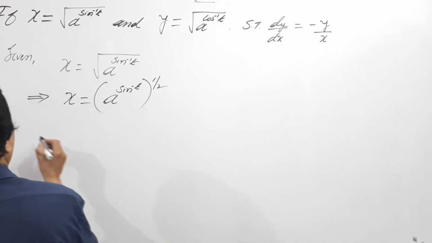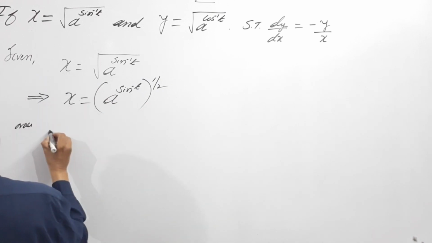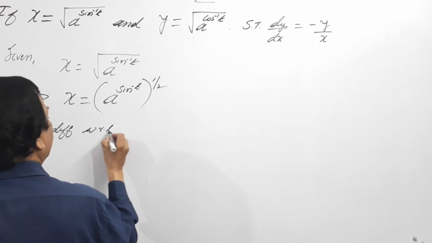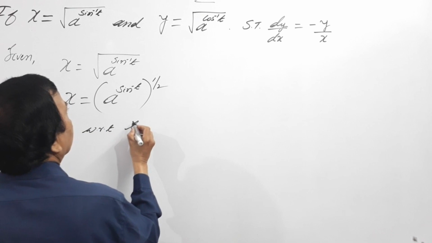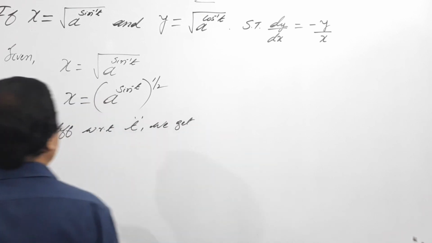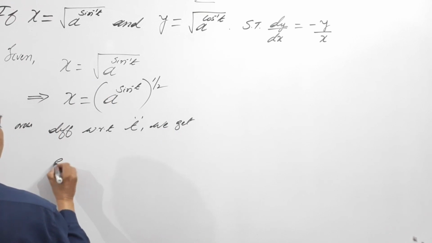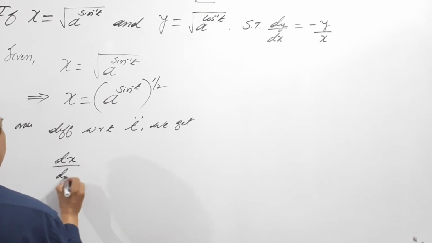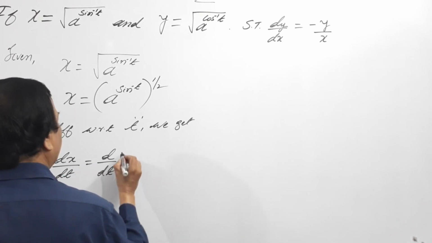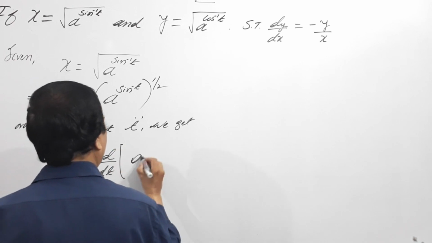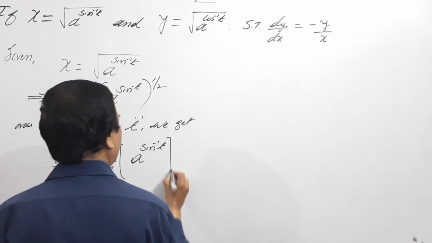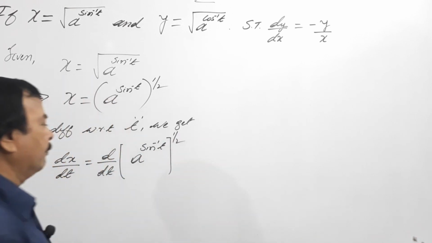So here, differentiating with respect to t, we get dx by dt equals d by dt of a to the power of sine inverse t, whole to the power of half.